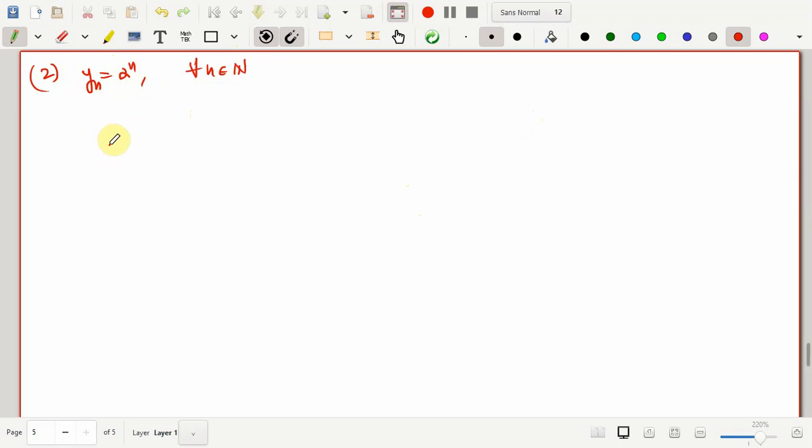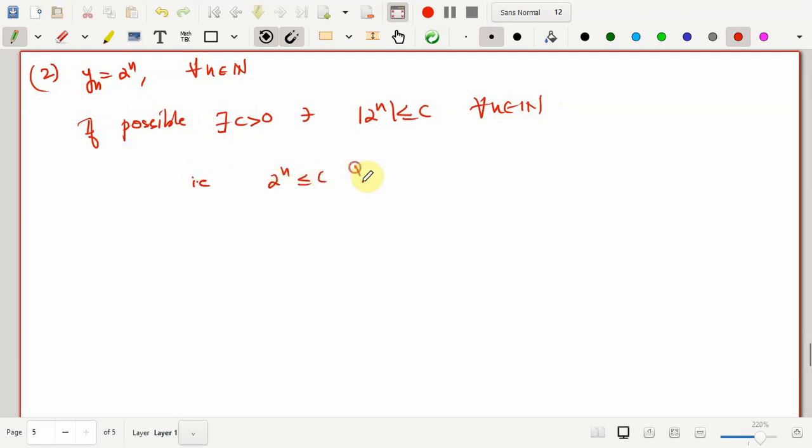But to prove this, if you assume that this is a bounded sequence, then what will happen? If possible, there exists C positive such that mod of 2 raised to n is less than or equal to C for each n belongs to N. That is same as saying 2 raised to n is less than or equal to C for each n belongs to N.